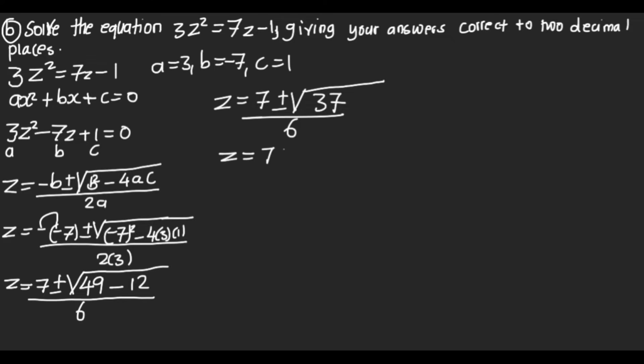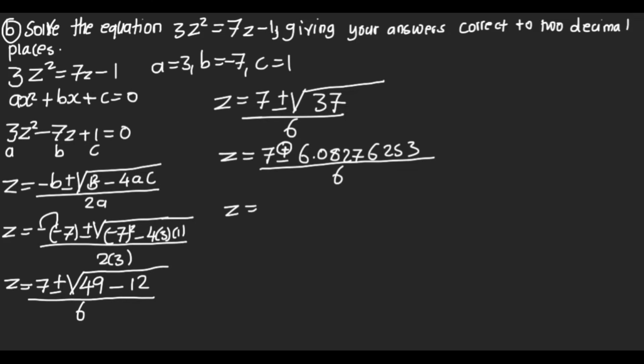So we can now find the square root of 37. So I'm getting about 6.08276253 over 6. Then we need to form two equations.